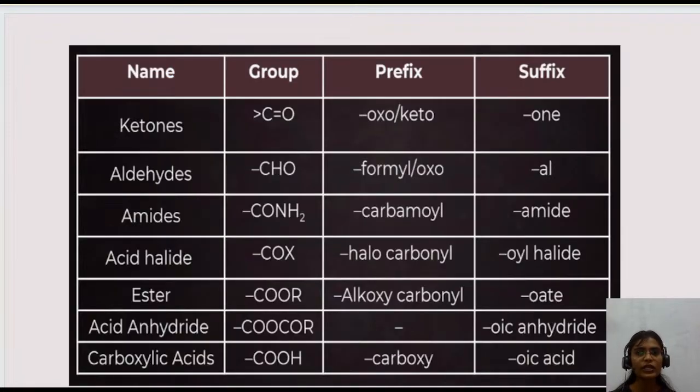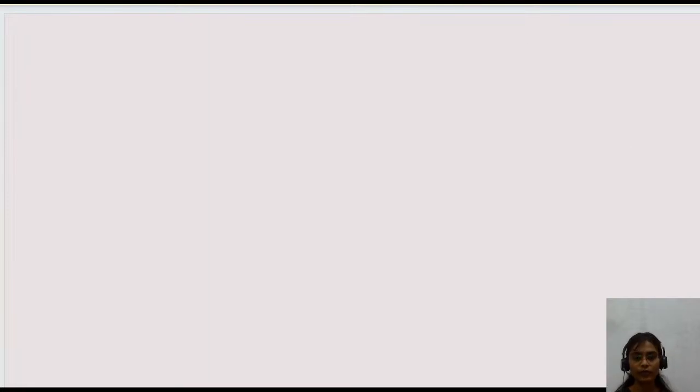First of all, let's take a quick recap. If we have acetone, which is the prefix? The prefix is oxo, or keto you can say. The suffix is one. I hope you know when we use a suffix or a prefix. Let me write if you don't know.